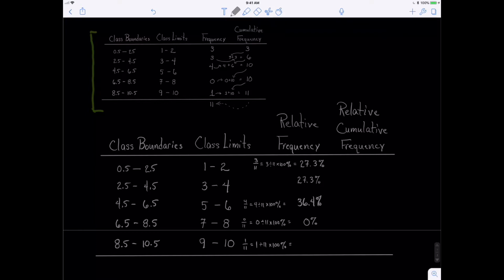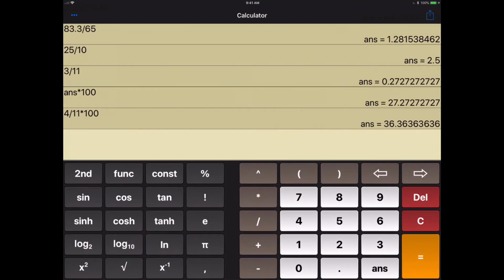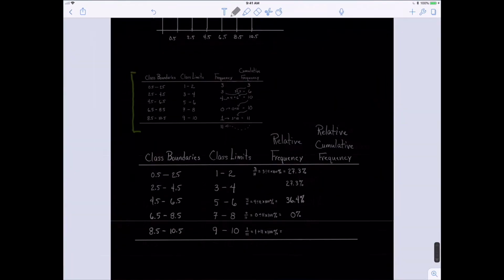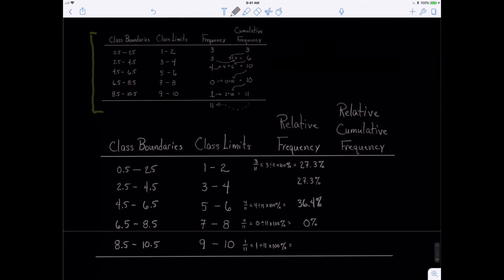Going back to Good Grapher, we divide 1 by 11 and multiply by 100, and our result is 9.09 repeating. We round that to 9.1%.